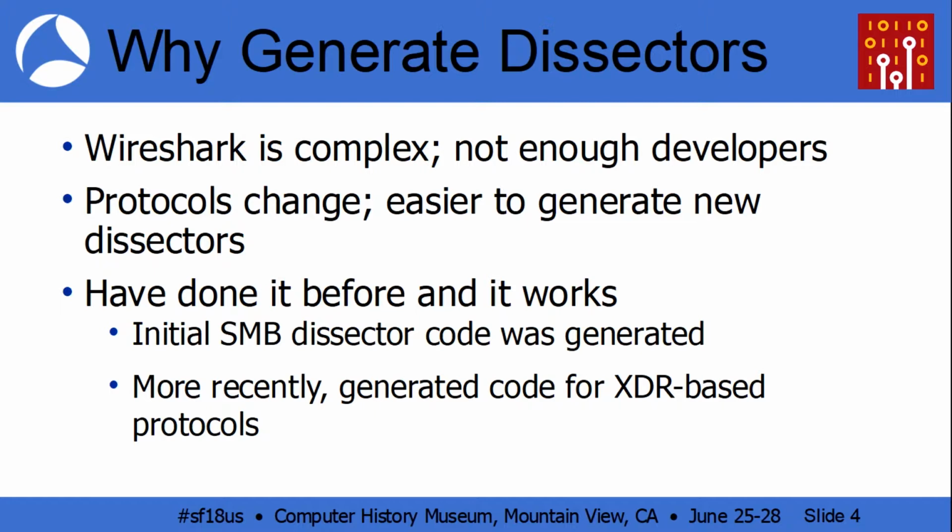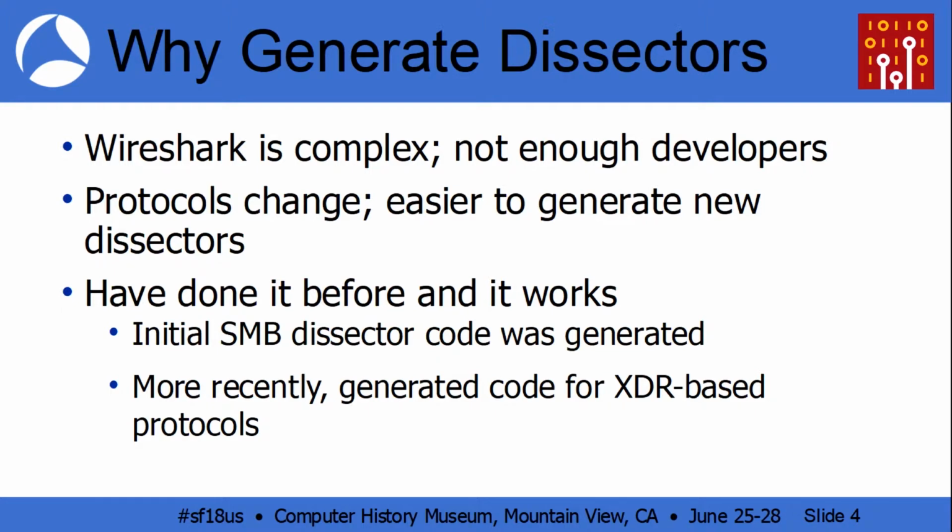And so it kind of puts a lot of people off, people who are not familiar with it, etc. And so there is a need to be able to, in some cases at least, generate dissectors from some other language that can compactly describe the protocol that you're wanting to generate a dissector for.